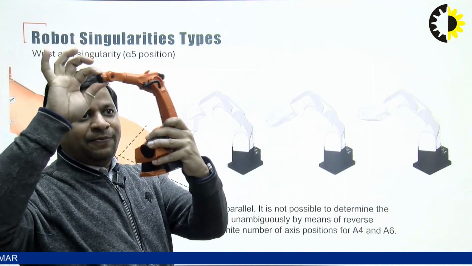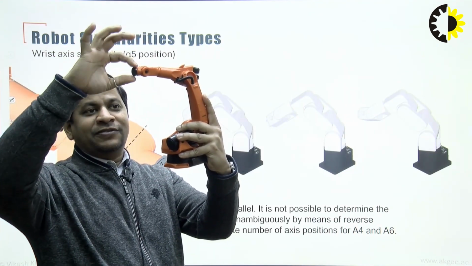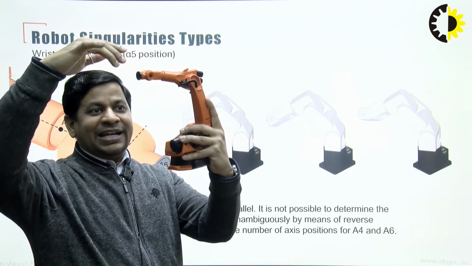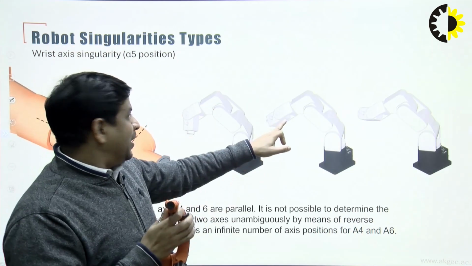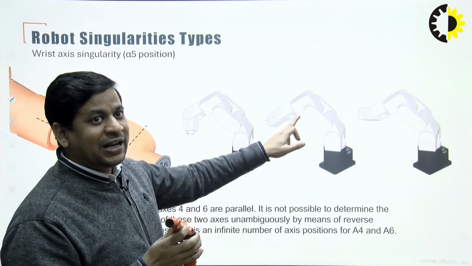So if I am moving my robot and axes 4, 5 and 6 get aligned, so this is straight. If you observe the middle one, here all axes 4, 5, 6 are aligned.